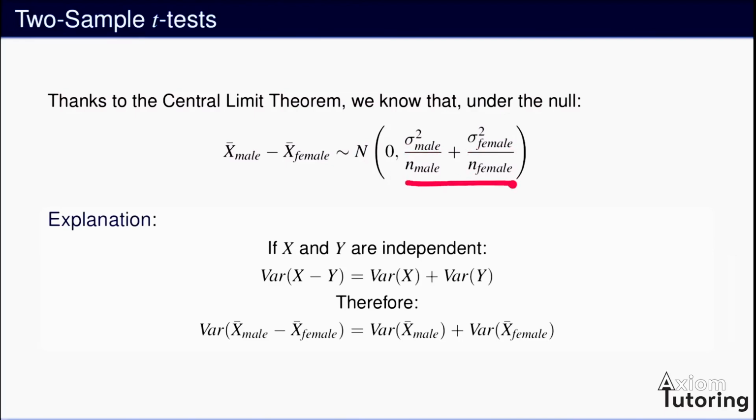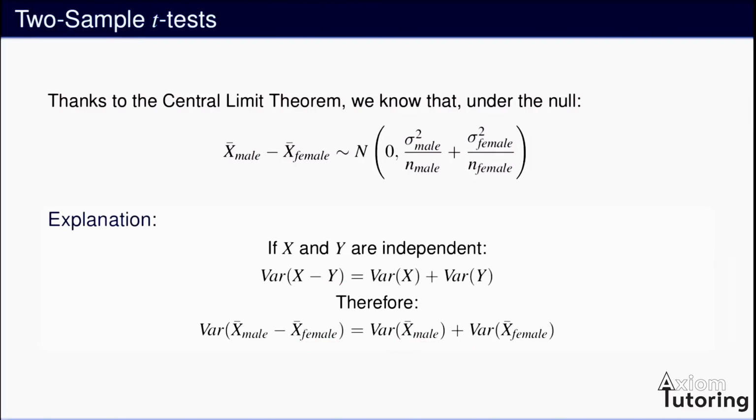The reason why we have this variance is because if x and y are independent, then the variance of x minus y is just equal to the variance of x plus the variance of y. So here, if we replace x by x bar male and y by x bar female, we get that the variance of x bar male minus x bar female is equal to the variance of x bar male plus the variance of x bar female.